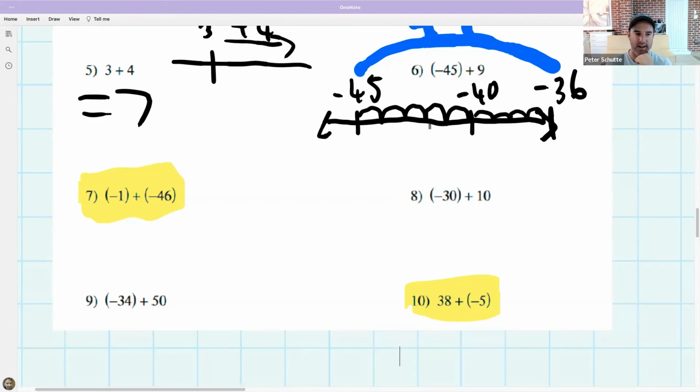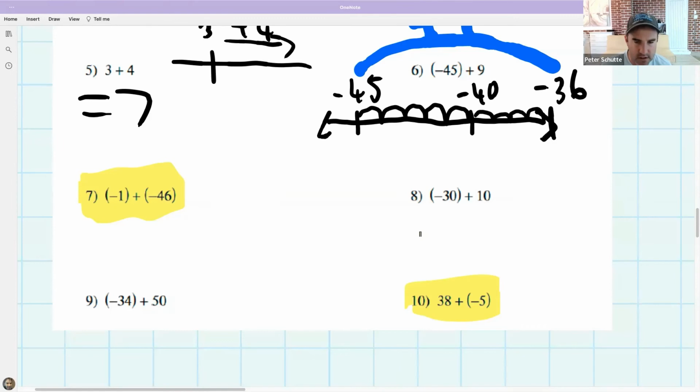What's the answer for 9? We have answers coming in for number 8 and number 9.